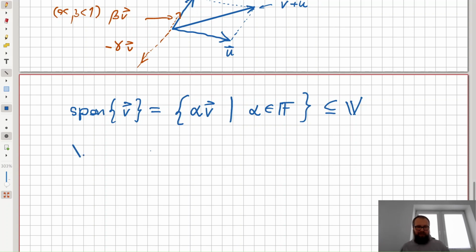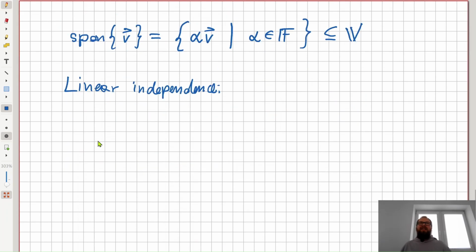Consider the equation alpha V plus beta U equals 0.